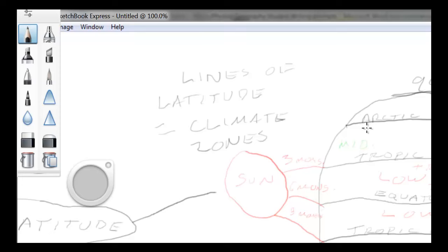But the generalization we can make in the northern hemisphere is that we have humid continental and humid subtropical.